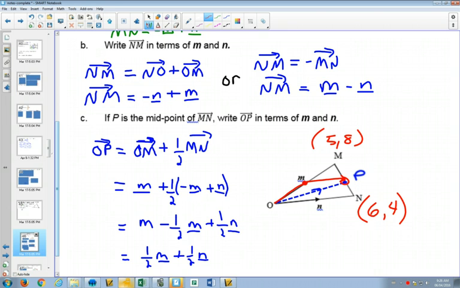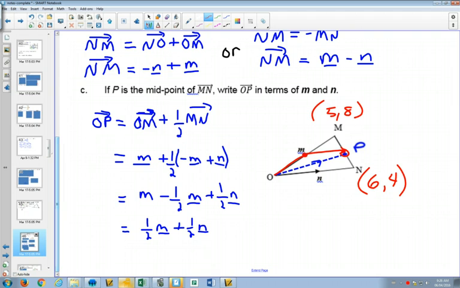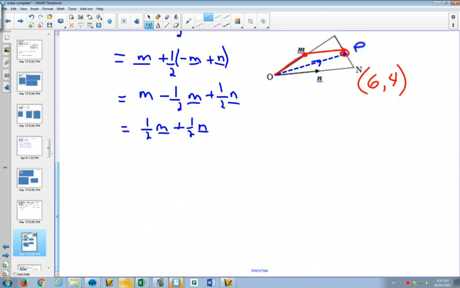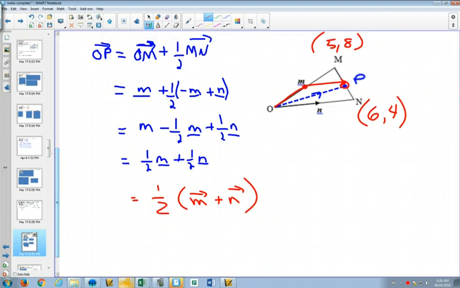Now, this is saying that we can put this together, and I could also write this this way, right? Well, all that's doing mathematically is m, I said, was 5, 8.